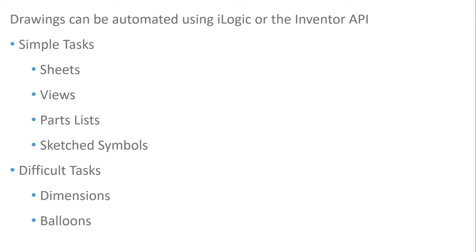The reason I broke it down this way is that if you approach any type of automation project, there are going to be low-hanging fruits.